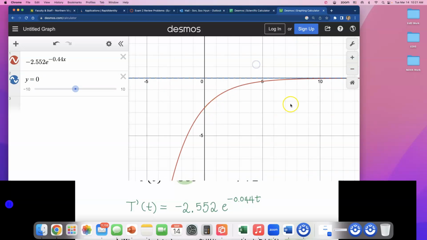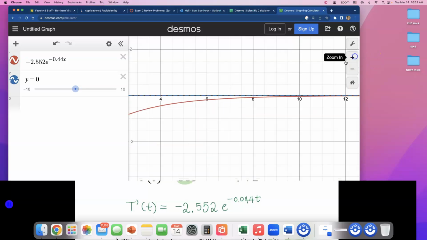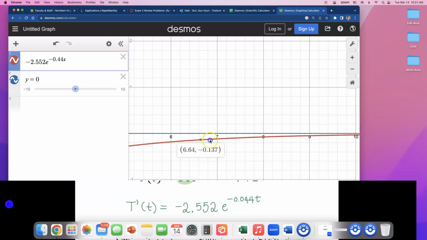And take a look. As t approaches infinity, or as x approaches infinity, they're talking about going to the right side. What is this red graph approaching as it's going to the right end of this graph? You see it's getting closer and closer to this blue dotted line, which is at y equals 0, right?